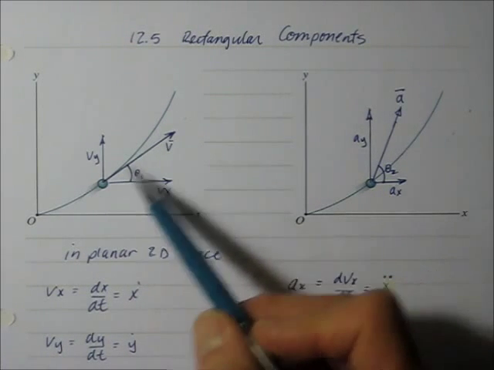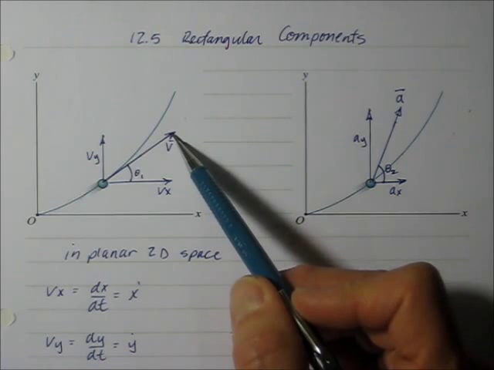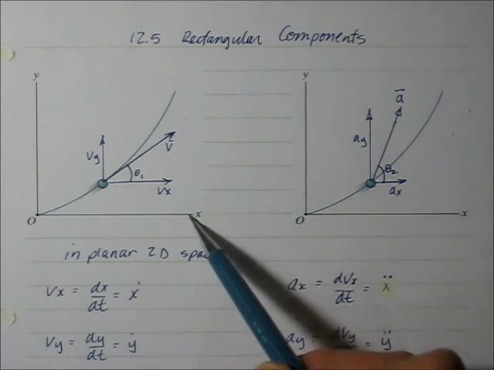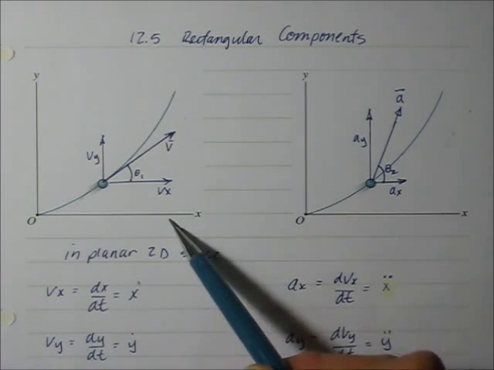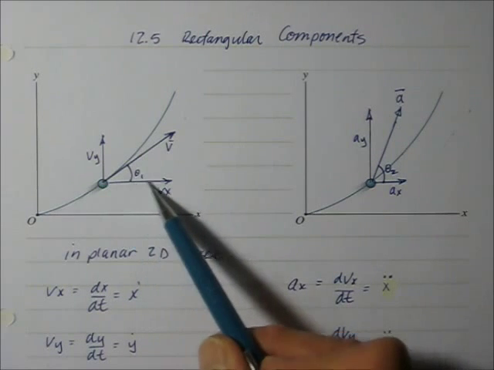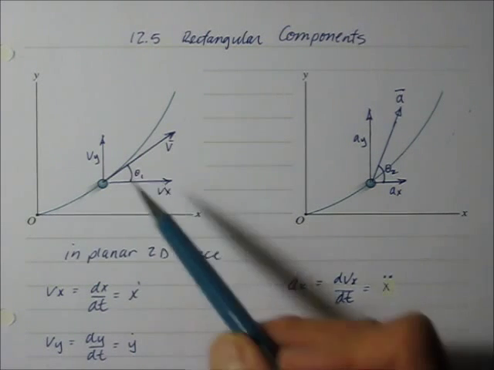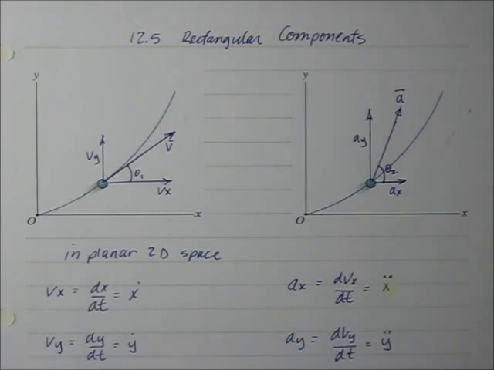If it has a magnitude and direction, then we can recognize that we're in the xy coordinate system, and we can say that there's going to be an x component going along the x-axis and a y component going along the y-axis.